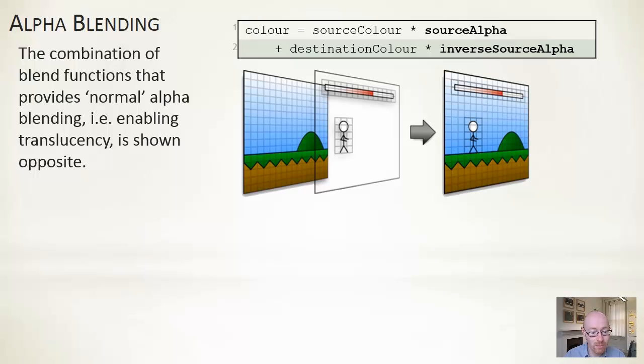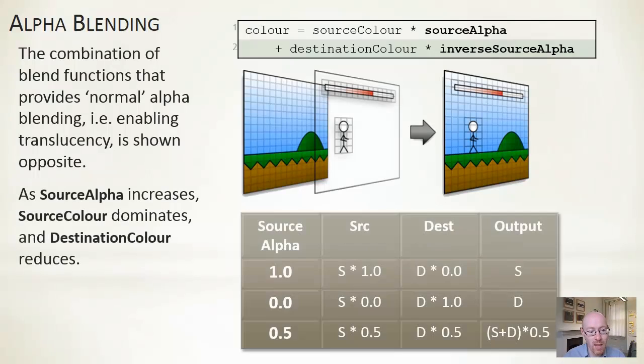And we have a table down at the bottom that will help identify this. So if we have a source alpha value of 1, which means we want the source to fully appear and the destination to be completely ignored, it means that for the color then we'll be multiplying the source color by that alpha value of 1 in order to fully retain it.